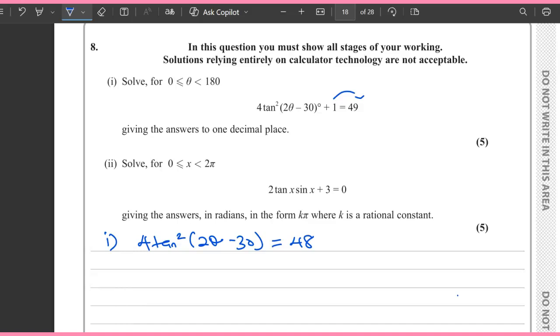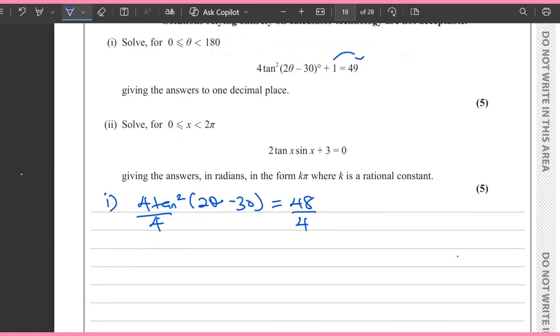Simplifying this further, we can reduce both the left hand side and right hand side by 4. So divide by 4, so that what we are going to have is tan squared of (2 theta minus 30) equals 48 divided by 4, which is equivalent to 12.